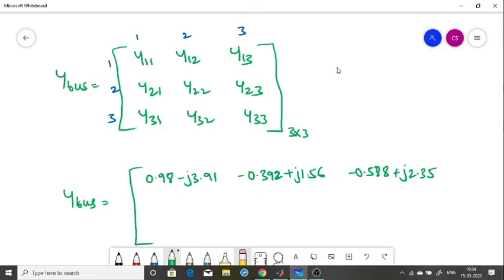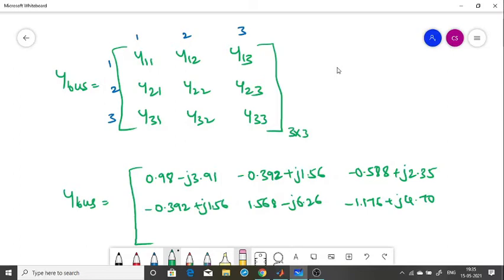Next, capital Y21 is minus 0.392 plus j1.56. Capital Y22 is 1.568 minus j6.26. Capital Y23 is minus 1.176 plus j4.70.